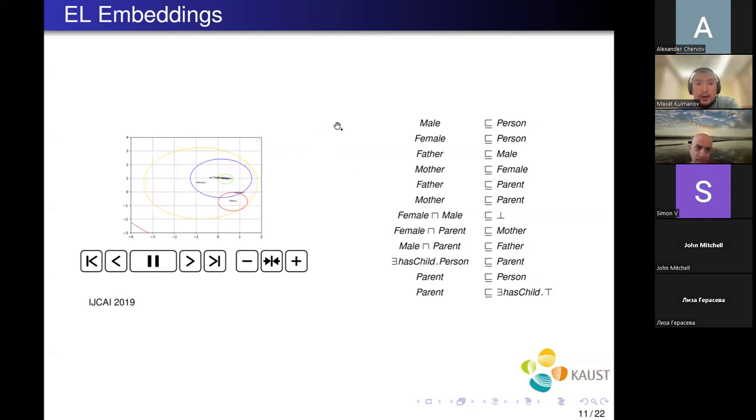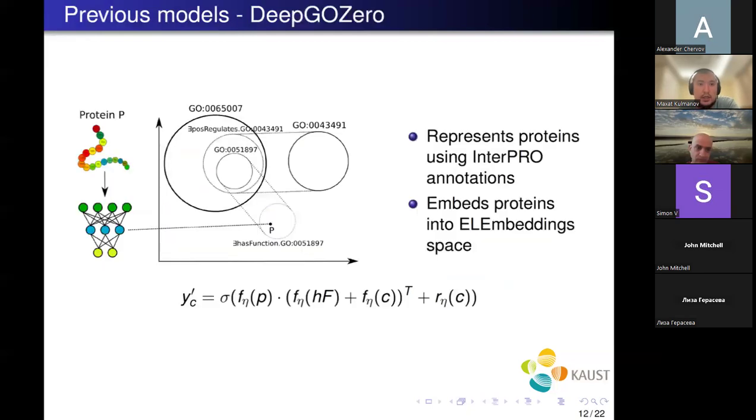After this method, we wanted to use this model to improve protein function prediction. And we came up with the next version of DeepGO, which was called DeepGO-SE.